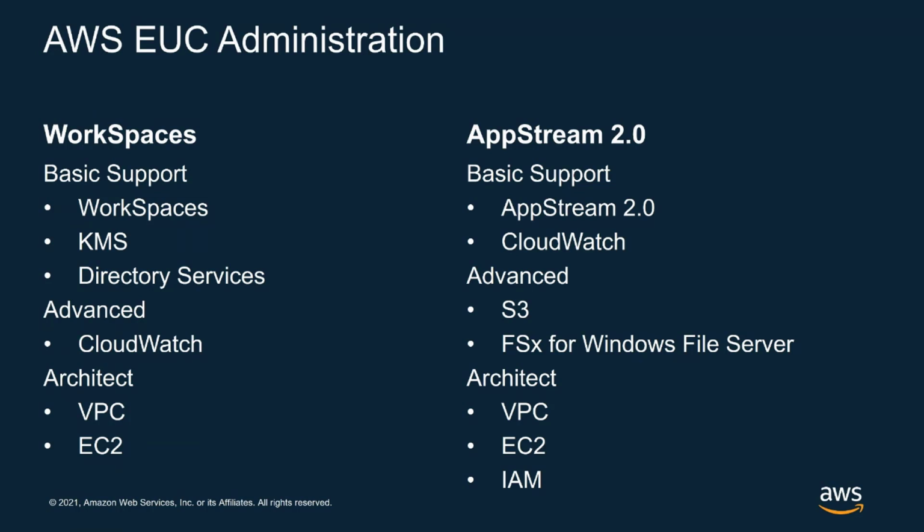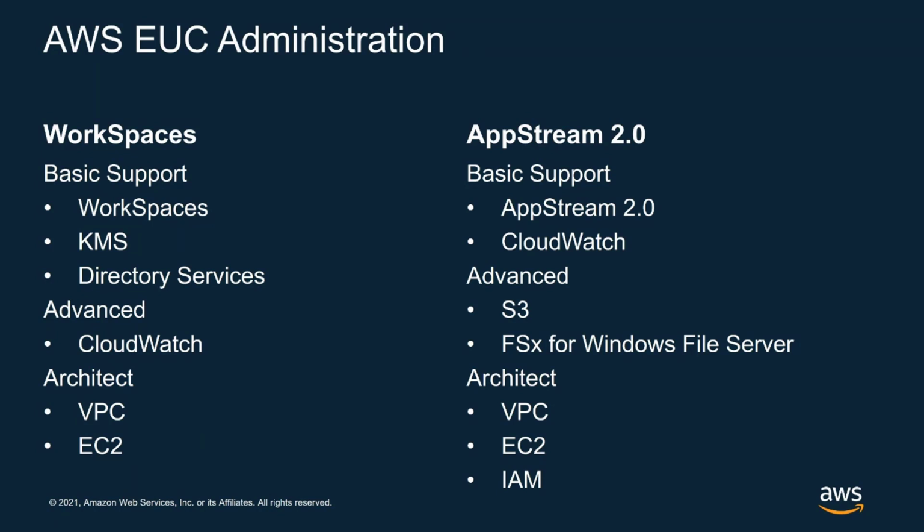Now, AppStream, on the other hand, due to its non-persistent nature, we need a way to persist some user data sometimes. Not every implementation needs it, but AppStream 2.0 administrators will likely need access to S3 and the resource policies assigned to it. I need to make sure that I can store user data, whether it's a home folder or an application settings persistence VHD to that S3.